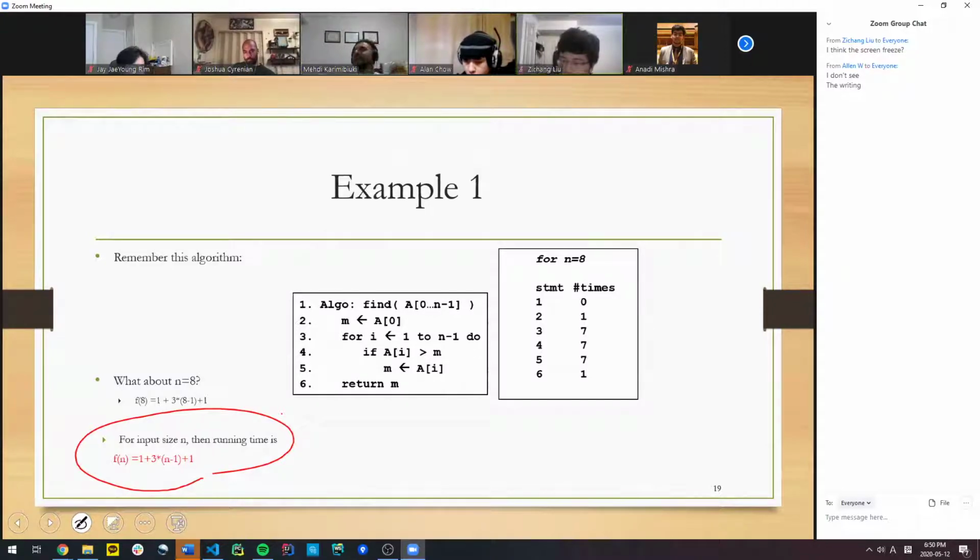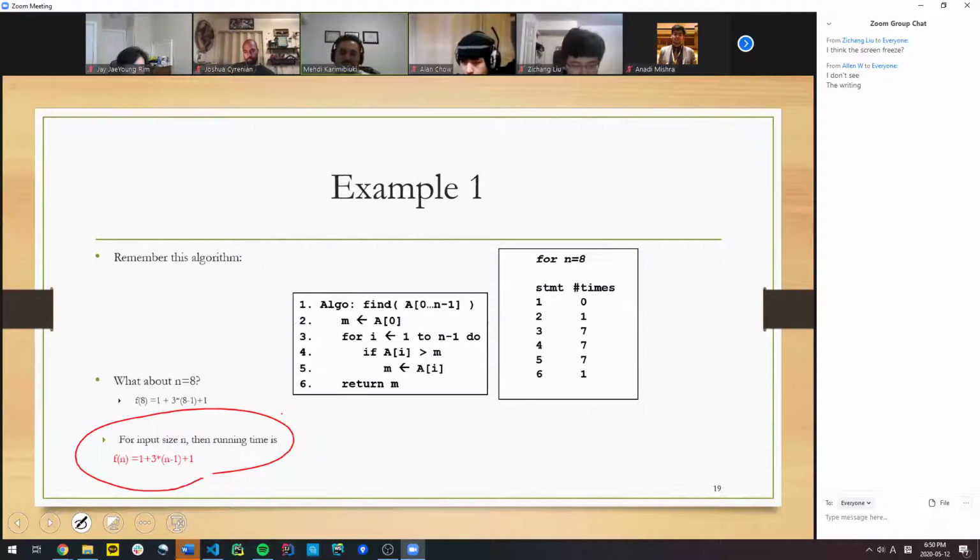The dependency here is the number of inputs, n. You see values there, but there is only one variable, and that variable is n, the number of inputs. So this function has only one dependency, and that dependency is n.